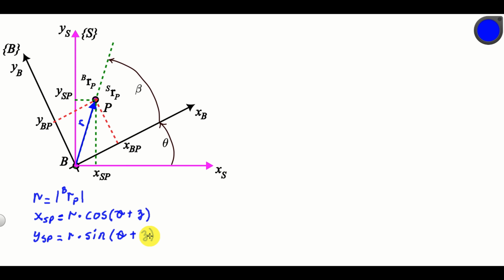Okay, next, we need to use the formula for cosine and sine of the sum of the two angles. And here are the formulas. We have cosine of theta plus beta is equal to cosine theta multiplying cosine beta minus sine theta multiplying sine beta.